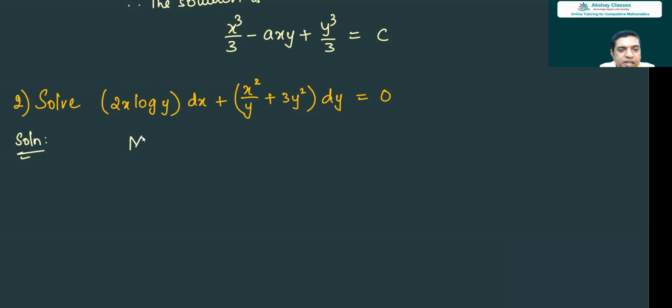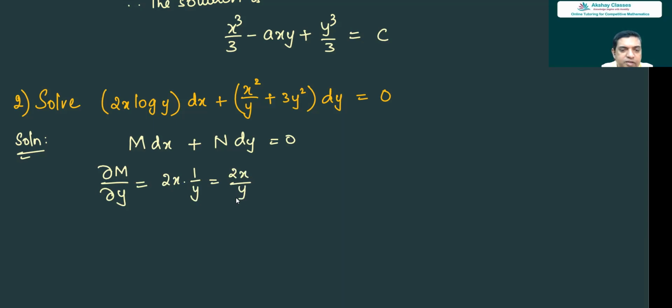Now this is of the form M dx plus N dy. Now dou M by dou y, the partial derivative with respect to y, will give us 2x into 1 by y, so 2x by y.